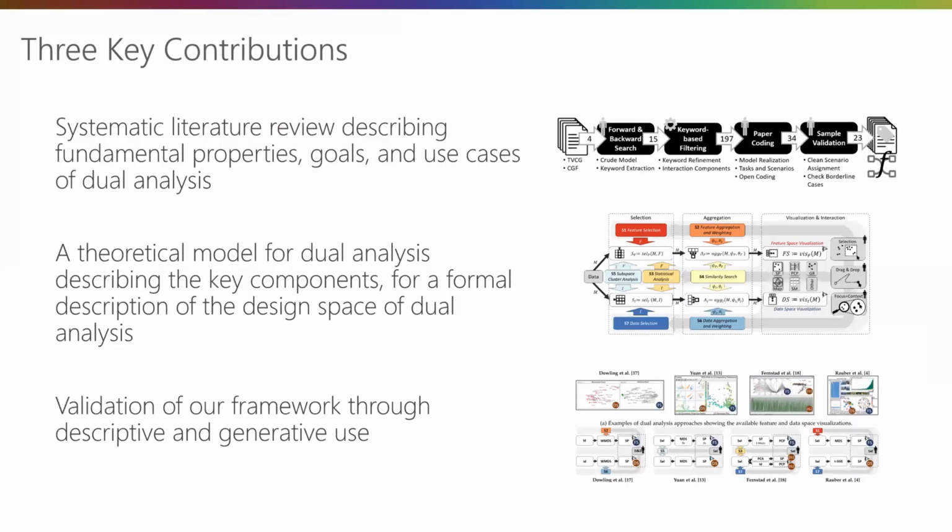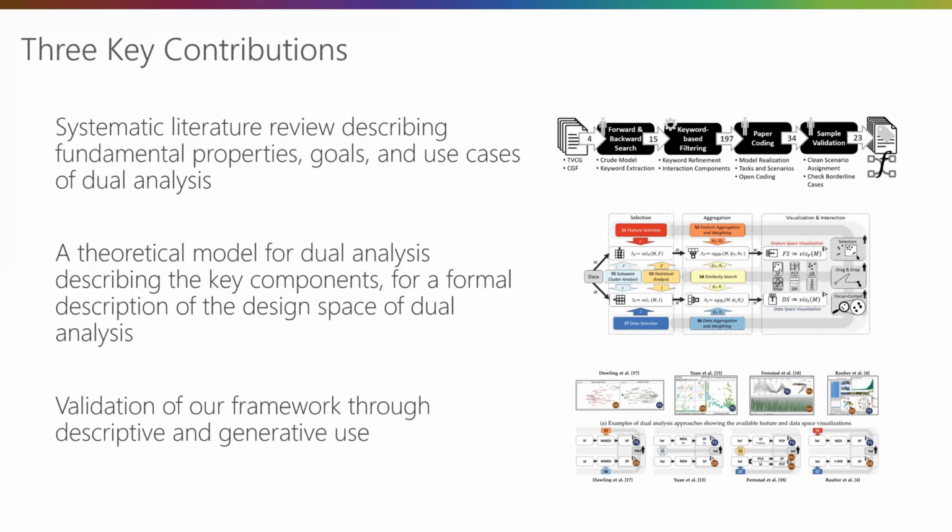So in our work, we have 3 key contributions. The first part is a systematic literature review where we describe fundamental properties, goals, and use cases for dual analysis. We have a theoretical model in our publication for dual analysis where we describe the key components, each with a formal description, finally with the goal of describing the design space of dual analysis.